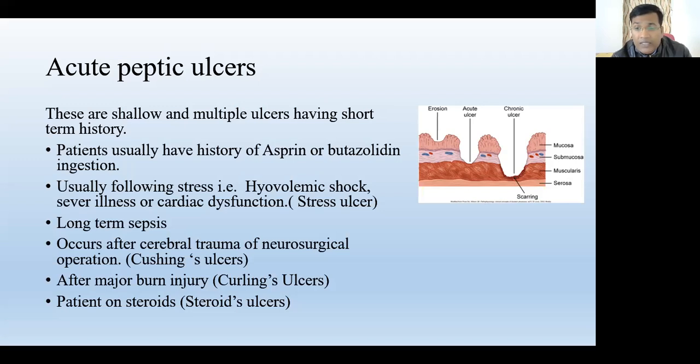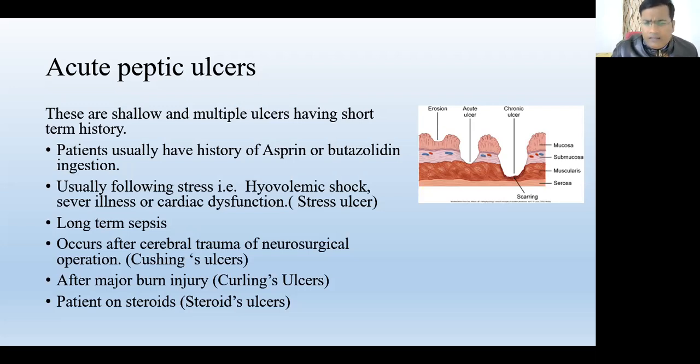When the gastric mucosa undergoes the hypovolemic state for a longer time, the mucosal layer gets damaged and ulcers may develop there. Inflammation occurs, called stress gastritis, and that stress gastritis leads to stress ulcers in the stomach.